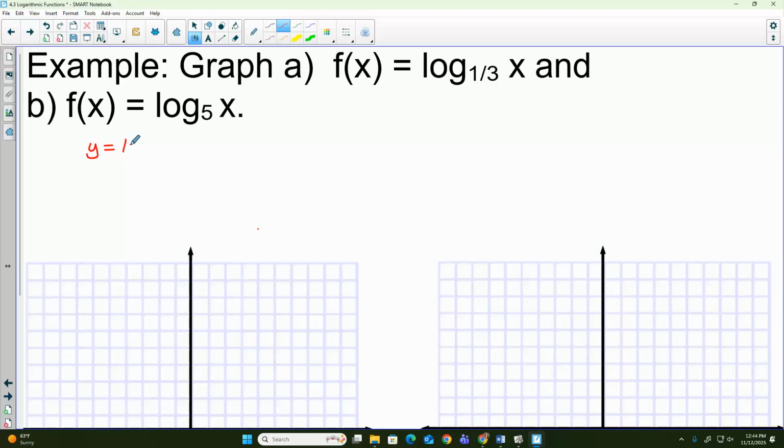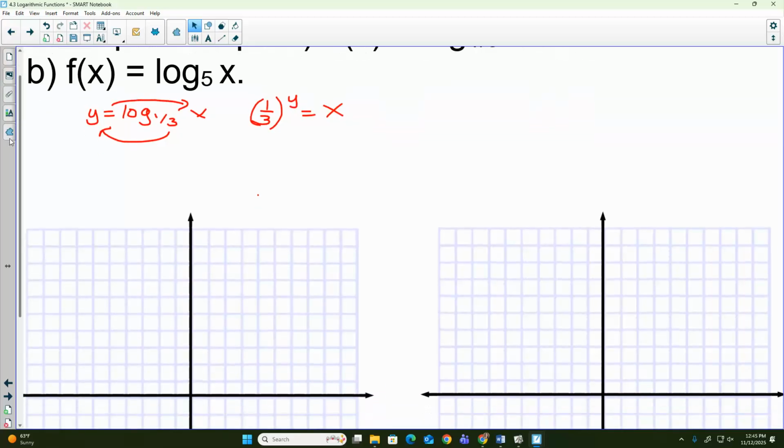So if I said y equals log base 1/3 of x, and you change that to exponential form, we get 1/3 to the y power equals x. So 1/3 was given in the problem, it was the base.